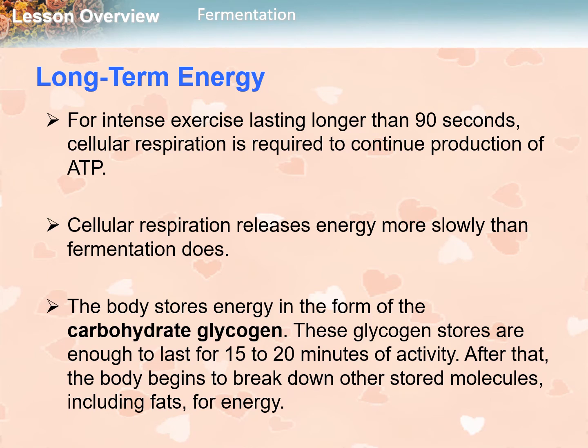The body stores energy in the form of the carbohydrate glycogen. These glycogen stores are enough to last for 15 to 20 minutes of activity. After that, the body begins to break down other stored molecules, including fats, for energy.